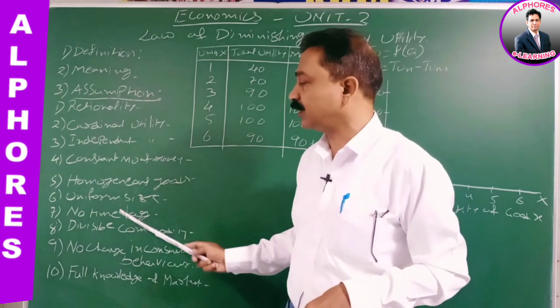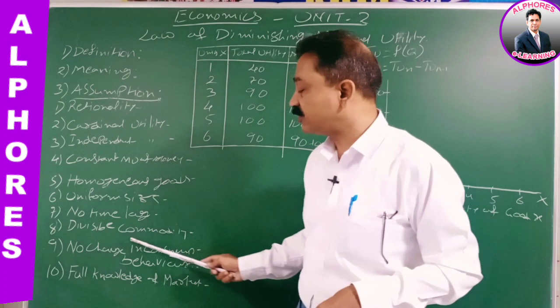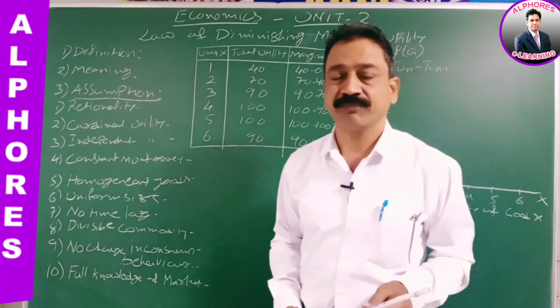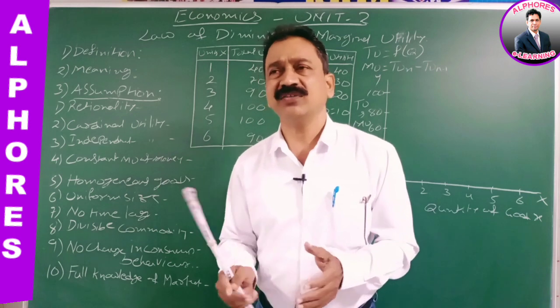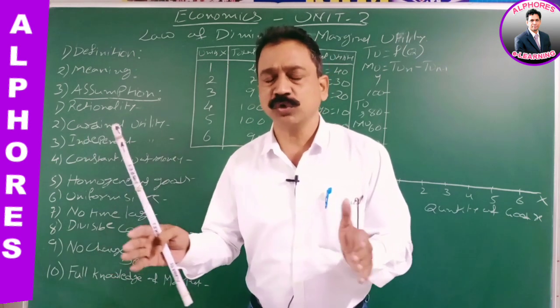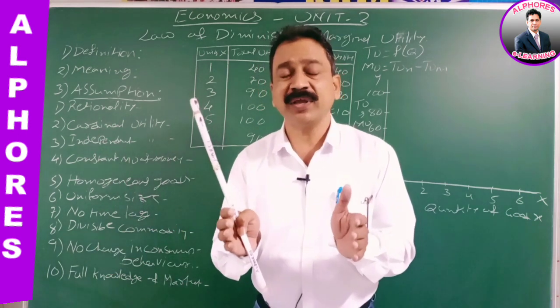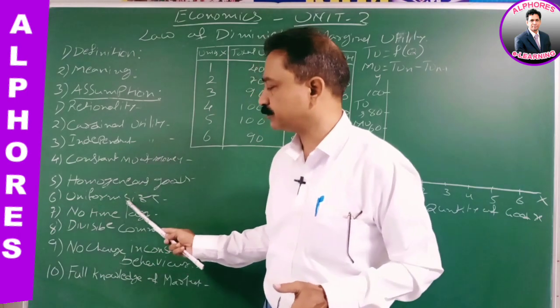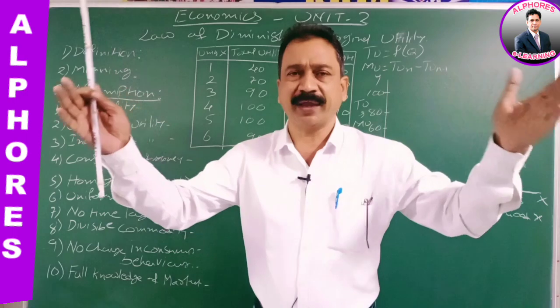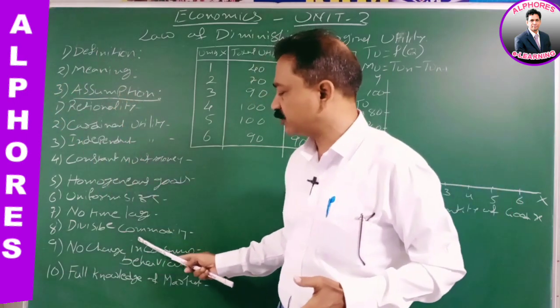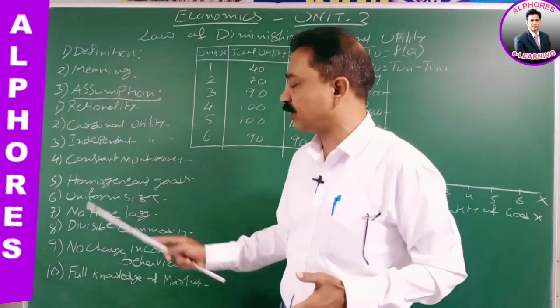So that's why it is an assumption. Divisible commodities. If a commodity is divisible into so many parts, that division should be in a reasonable size. It should not be too small or too big. They should be divisible commodities but at a uniform size.